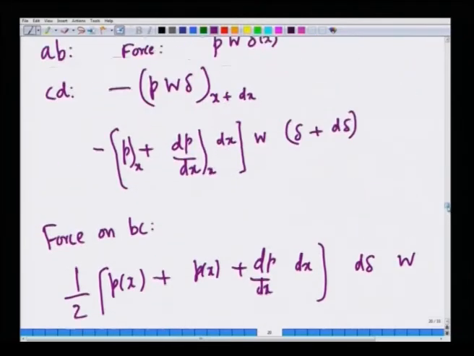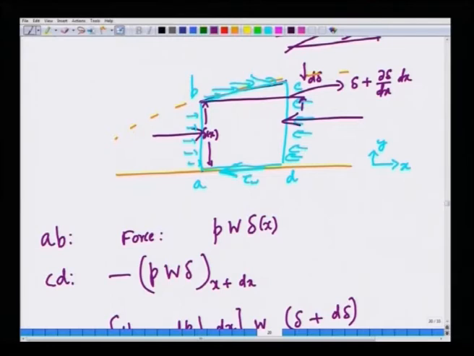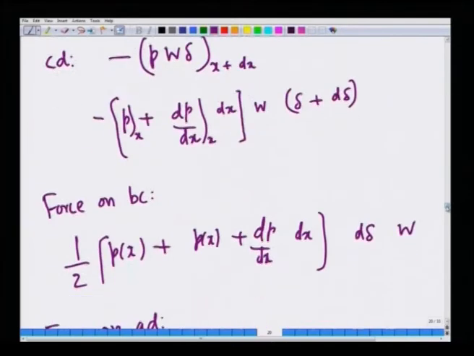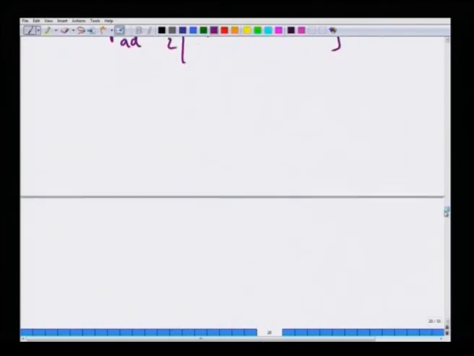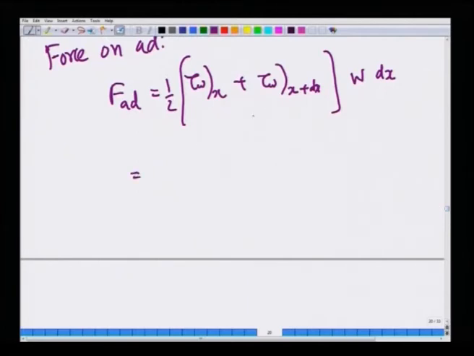This force is acting on a strip which is dx by w into the board. We are taking the average shear stress between the point at x and the point at x plus dx. After Taylor expansion, this will eventually become tau w at x plus half d tau w, and it is in the minus direction, times w dx.